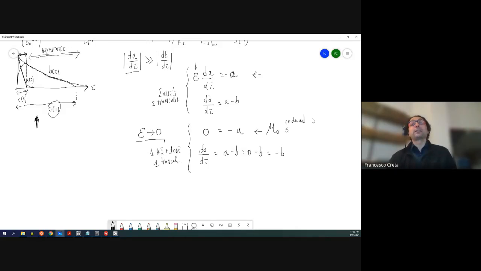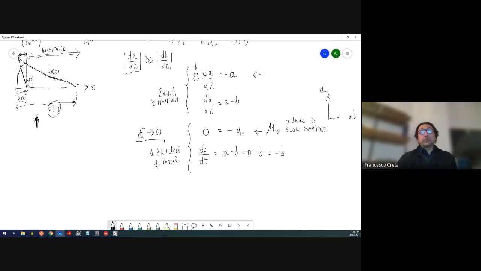What's important is slow manifold. We'll see what this means in a second. It's a constraint. In fact, it's a graph in the phase space AB. This is our phase space, where you have axes for each species.